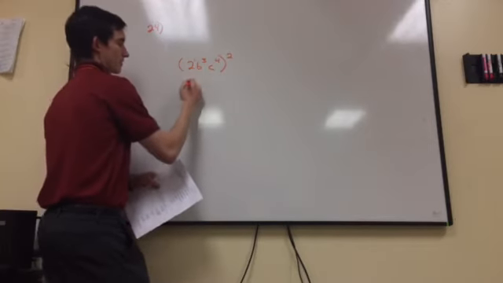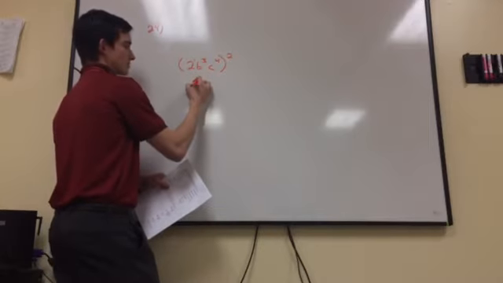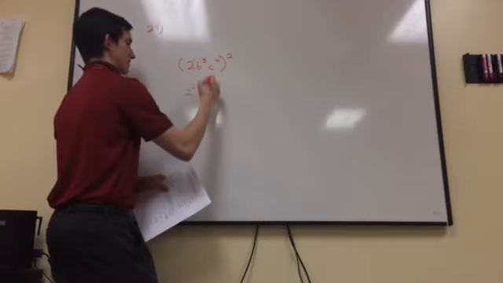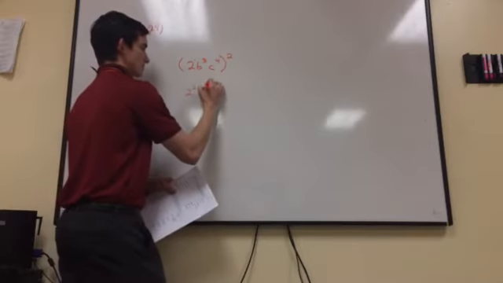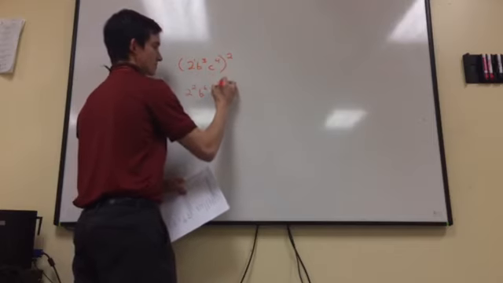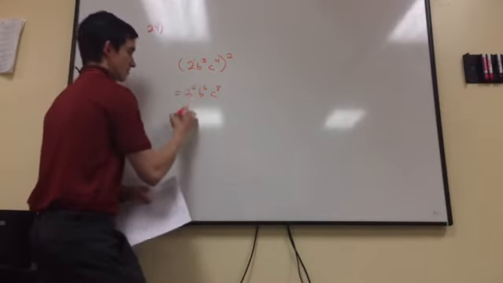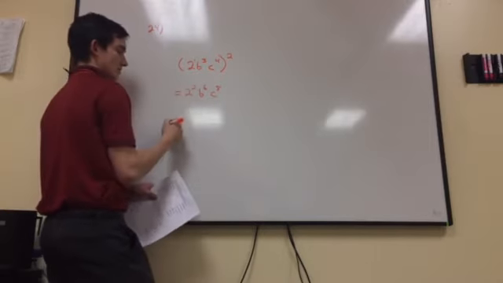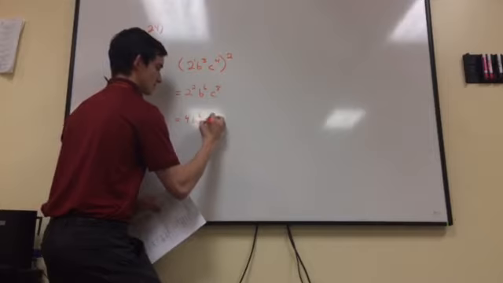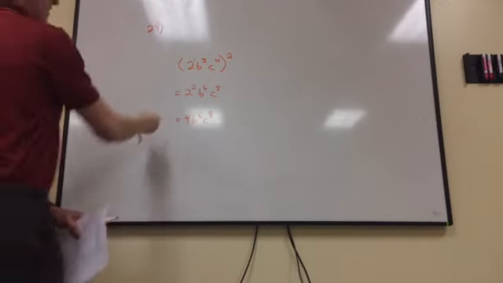So I'm going to rewrite this: 2 to the 1st to the 2nd, that's 1 times 2, so 2 squared. B to the 3rd to the 2nd is 3 times 2, that's 6. C to the 4th to the 2nd, 4 times 2 is 8. So 2 to the 2nd power is 4, giving 4b to the 6th c to the 8th. And that would be it simplified.